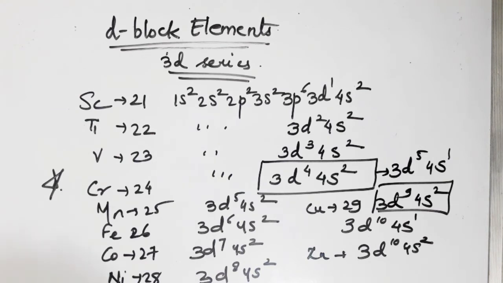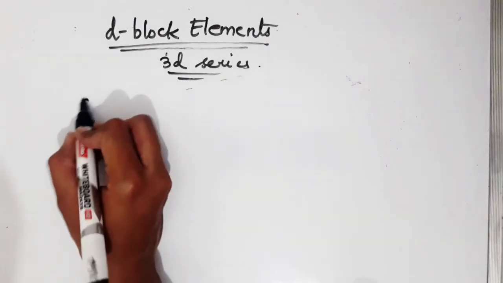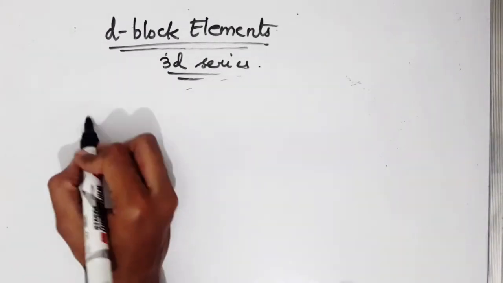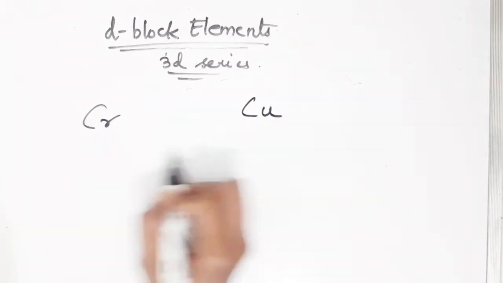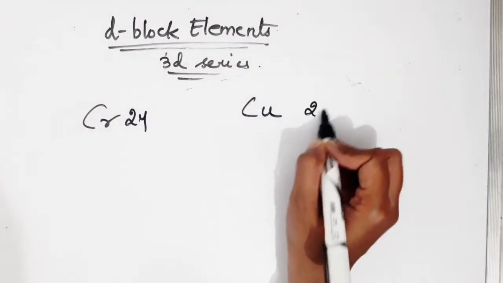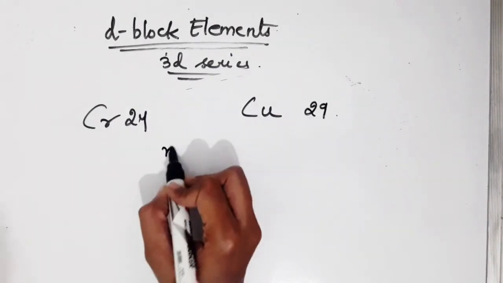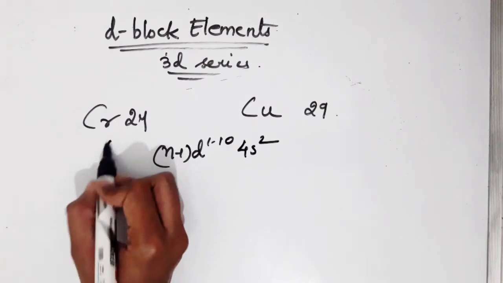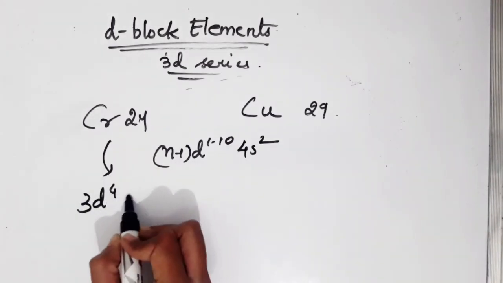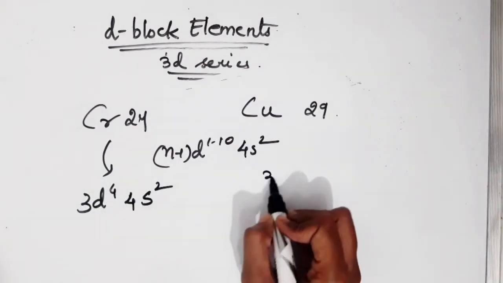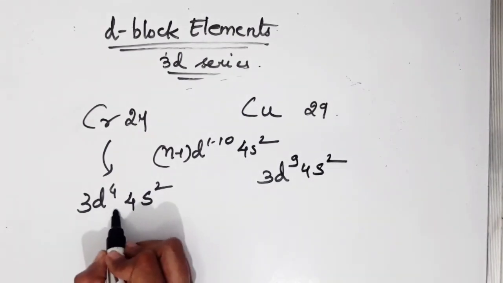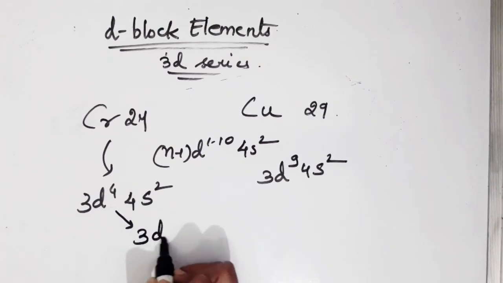Now talking about the exceptions, that is chromium and copper. Just now we have seen the electronic configuration of chromium and copper having atomic numbers 24 and 29. According to the general configuration, that was (n-1)d 1 to 10 4s2, the filling should have been 3d4 4s2 and 3d9 4s2, but their configurations are slightly different from the general pattern.